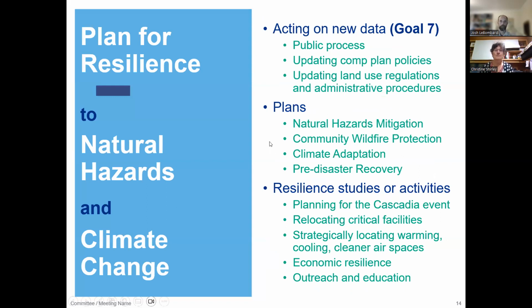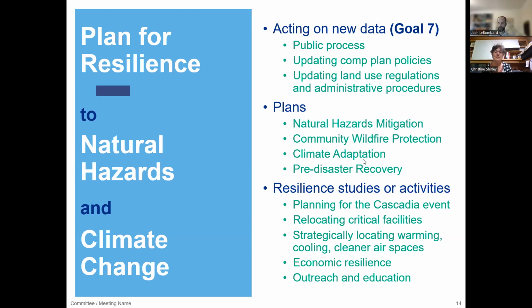So some examples here: acting on new data requires a public process. That would be a fundable part of your application, updating those comp plans, but most importantly, incorporating those comp plan policies into your land use regulations and administrative procedures to make them actionable.